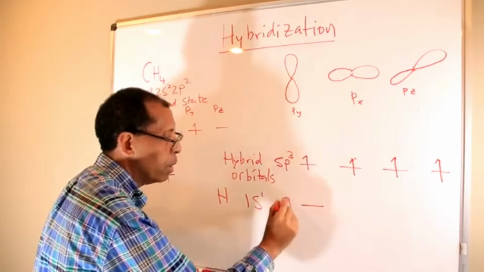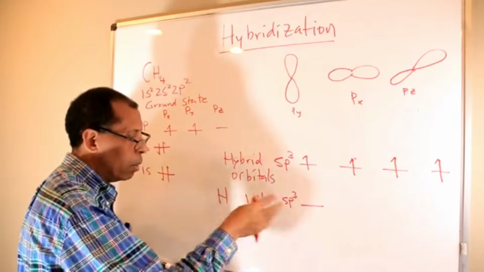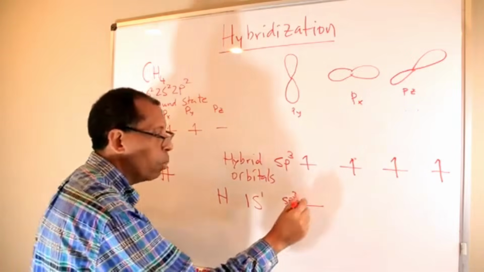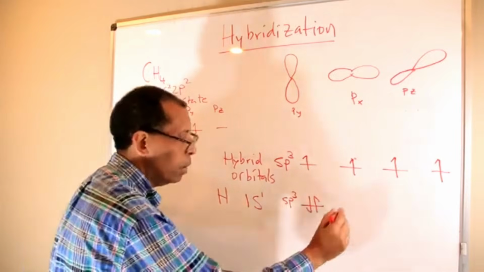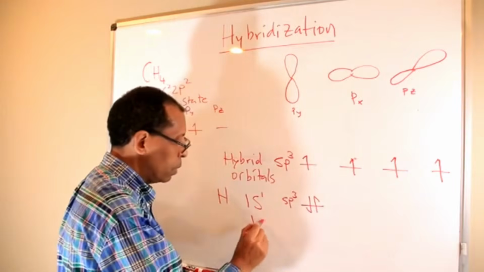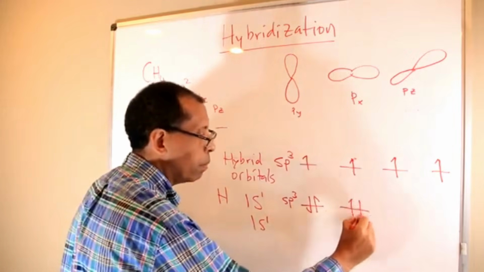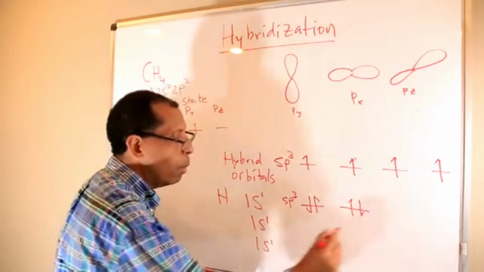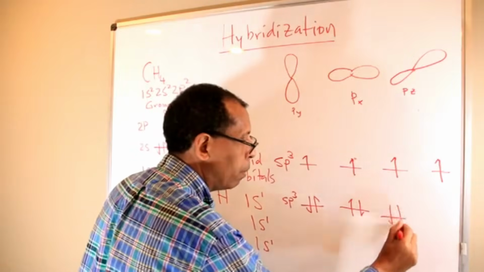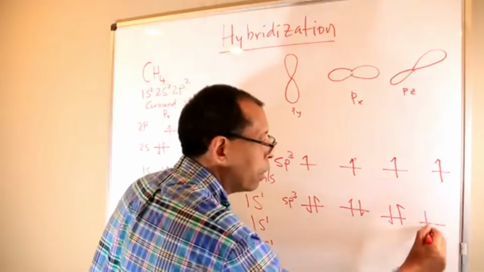The sp3 is making a bond with one of the s to make a paired electron, and another hydrogen with one s making another pair. Another hydrogen, 1s1, making a pair here. Another hydrogen making a pair here.